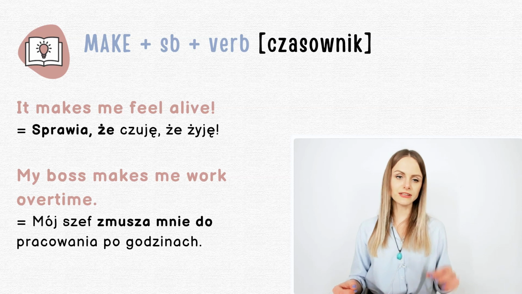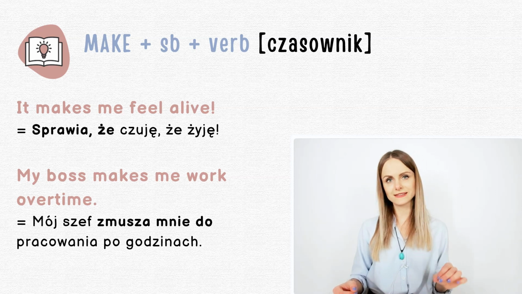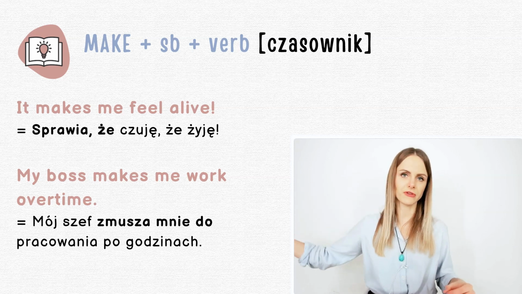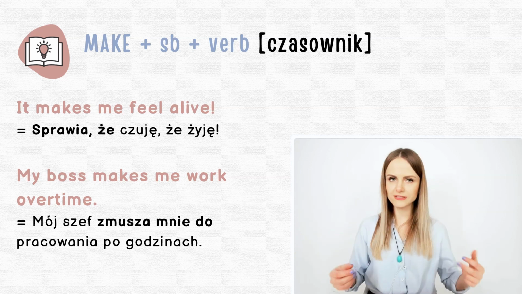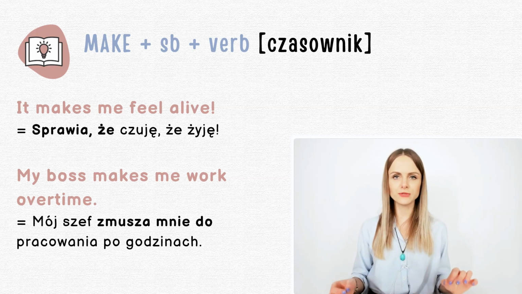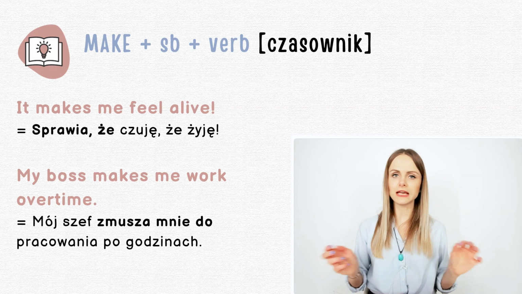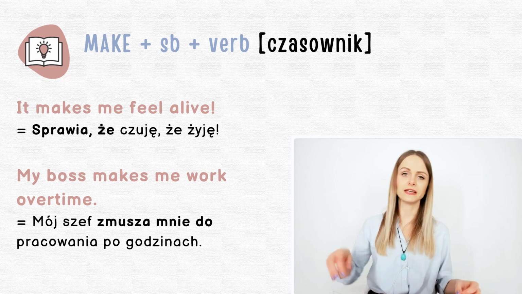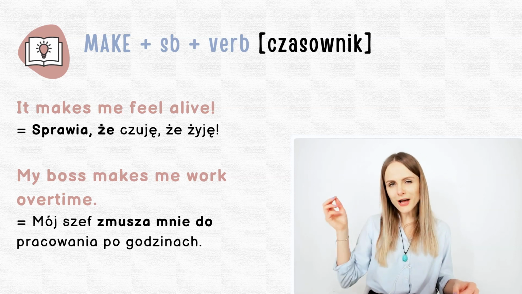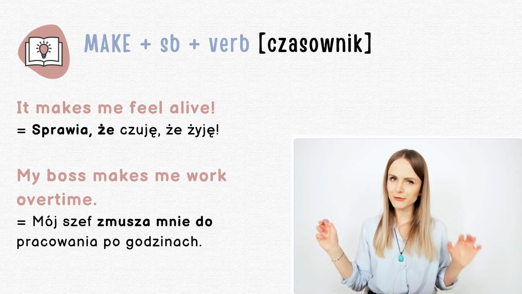And I have to tell you that this structure is not as strong as force somebody to do something. So I would say when you force somebody to do something, it's a bit stronger. When you make somebody do something, it's something in between. So you're kind of trying to convince them, you're telling them to do it, you're kind of forcing them to do it, but not so much.